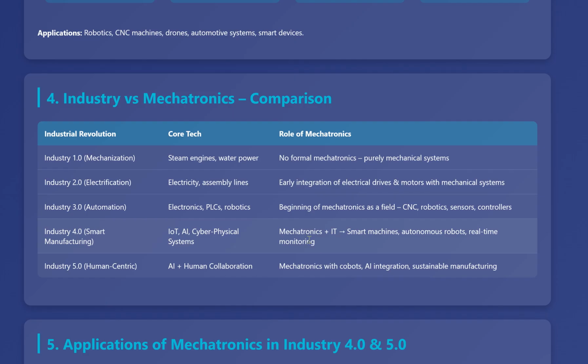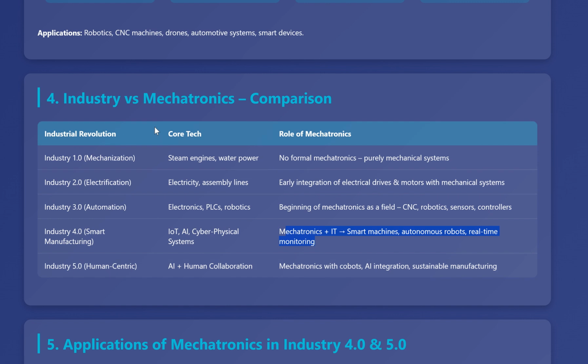So this is advanced Industry 4.0. Then the one which is now coming, we call Industry 5.0, which is human-centric. It will be AI and human collaboration, shaping the future technologies in manufacturing and production.